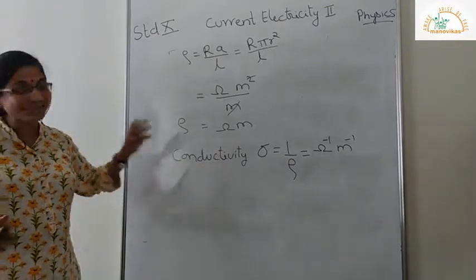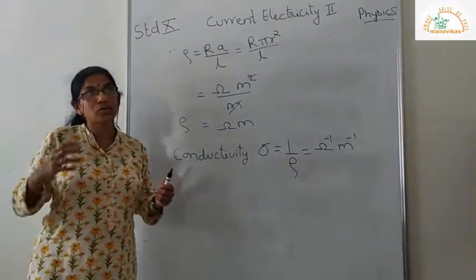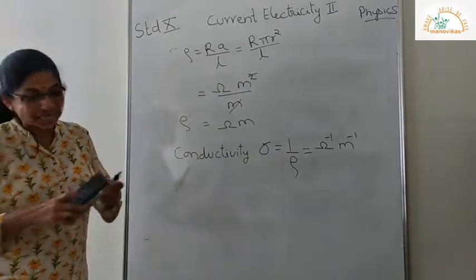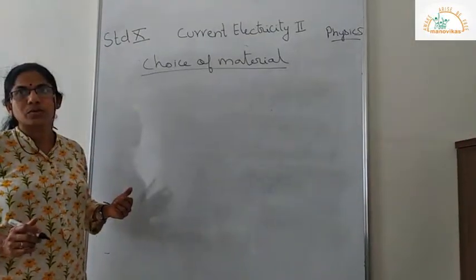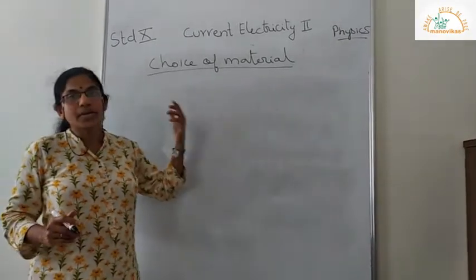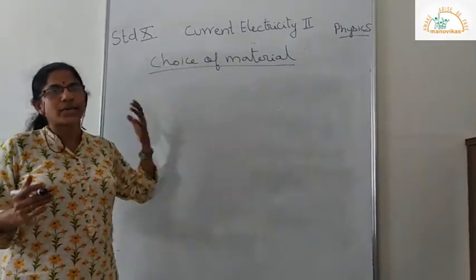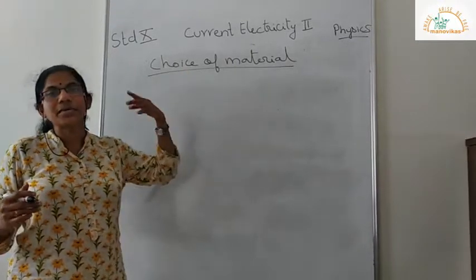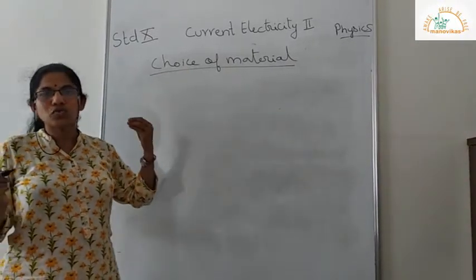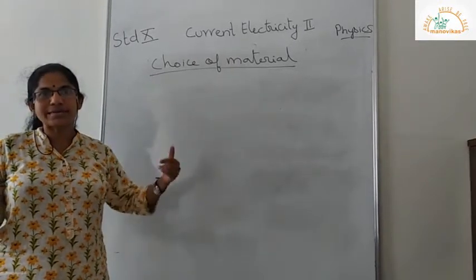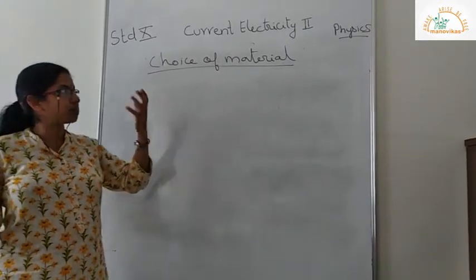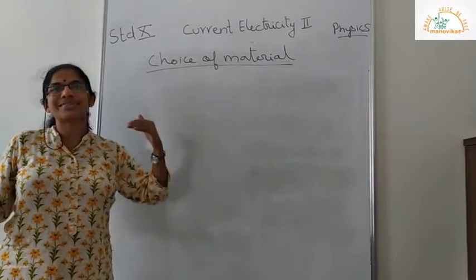Correct? Next is about choice of material of a wire. Depending on the value of resistivity, accordingly the material is chosen. If you want to use a material for transmission purposes in household circuits, you will choose a substance which has low resistivity.